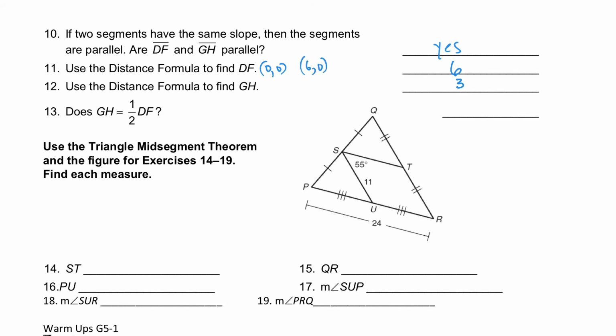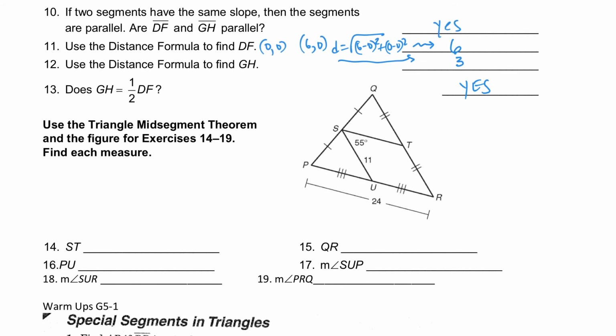And so then here the distance would be the square root of 6 minus 0 squared plus 0 minus 0 squared, which would give you that 6. And then you could do something similar here, which would give you the 3. So does GH equal 1/2 of DF? Yes, it does.